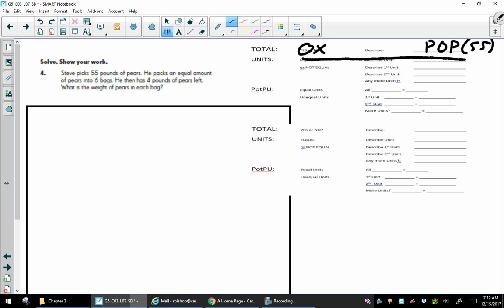So we're unequal. And the reason we're unequal is because one unit is pounds of pears in bags, and we don't know what that number is. And then there's pounds of pears left, and we do know what that unit is.